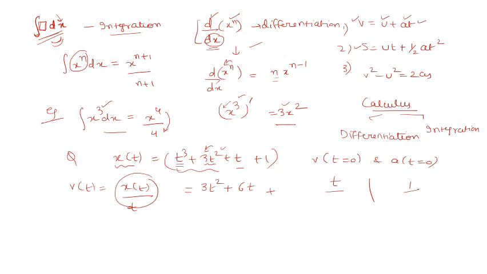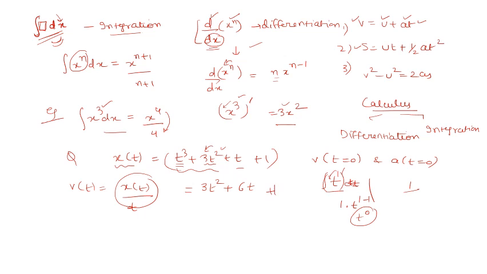Now think of it in this way. If you have to integrate this, sorry, we are differentiating, right? So if you have to differentiate it, it has 1 as power. We'll bring 1 in as the coefficient and we'll reduce the power by 1. So what will we get? t raised to power 0. And we know anything having power 0 is 1.